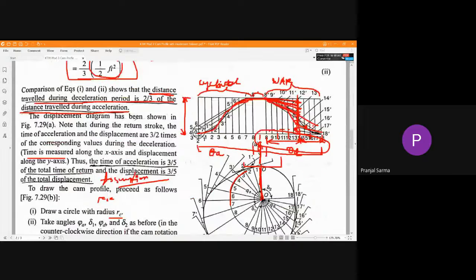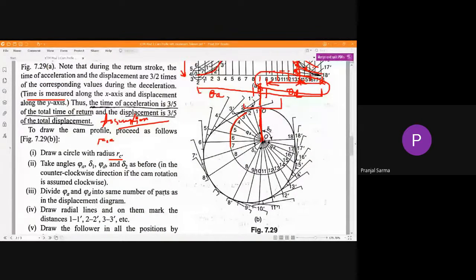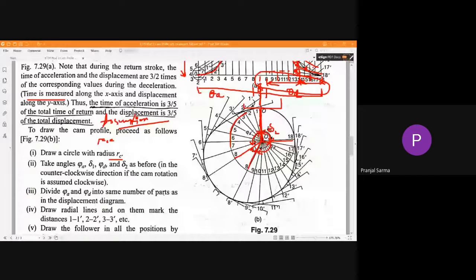So this much division, theta a, delta and delta 1, making the major divisions.